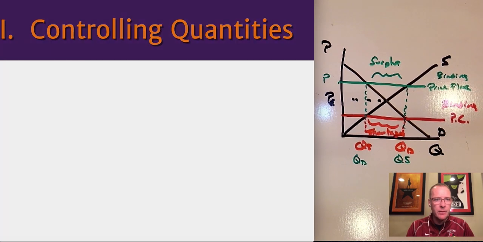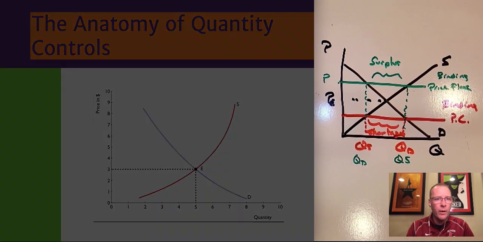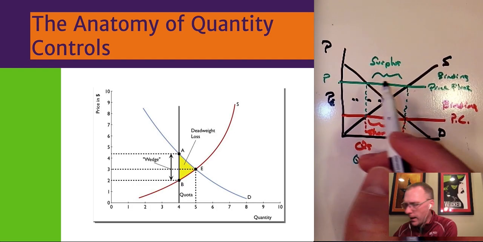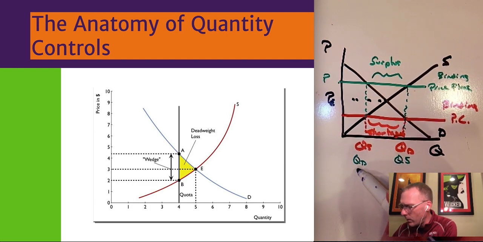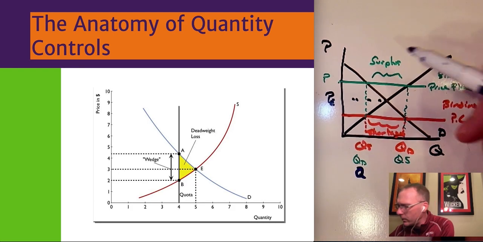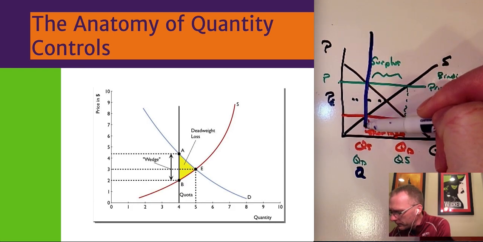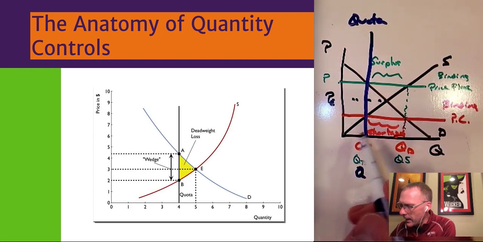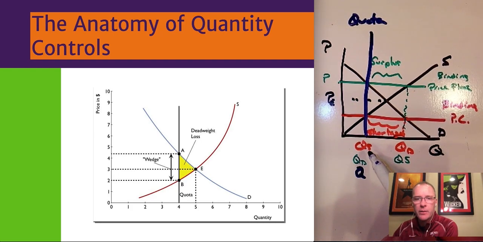Last but not least, what happens when we have a quota in here? We could throw up a quota instead of something like this. Again, over here, if we were doing that and we wanted to get to, let's say, this quantity here, we could just put up a quota. And in our quota, we could say, hey, the government's only going to let us do this much.